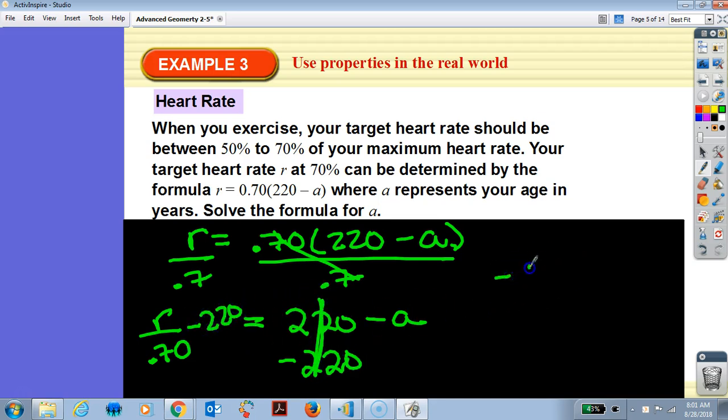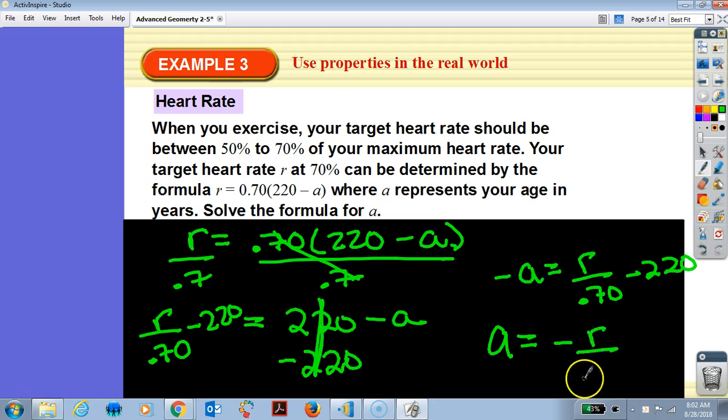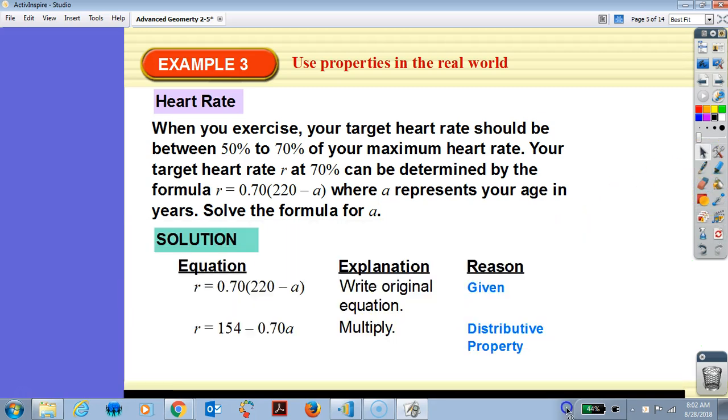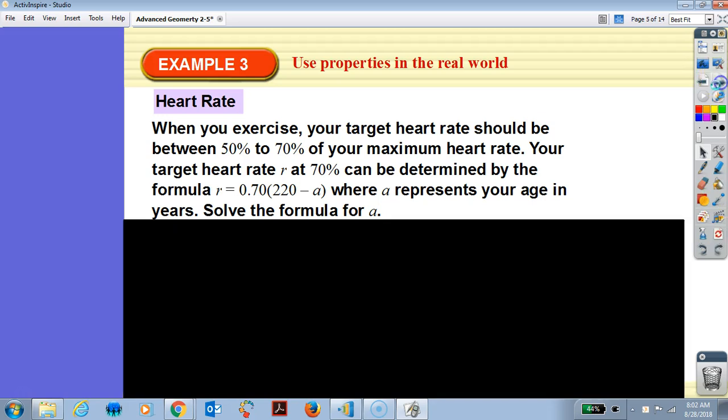And I would have negative A equals R over 0.70 minus 220. To get rid of that negative, I can just change everybody's signs. So A equals negative R over 0.70 plus 220. And now I solved for A. Okay, so they're actually doing the proof because they're fun.